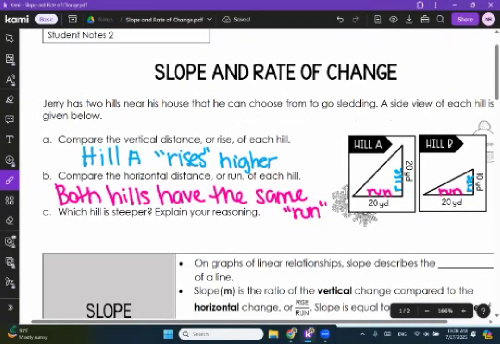The one that is steeper is going to be the one that's more vertical and it's harder to run up. So here, comparing these two, hill A would be steeper because it rises higher in the same distance. You're going the same distance both times, but it is higher than hill B.